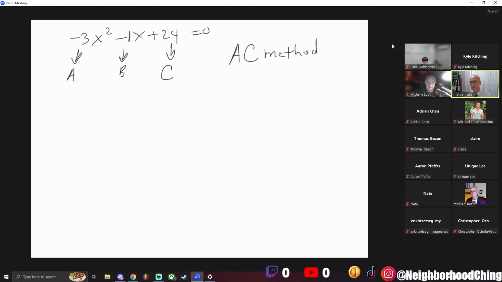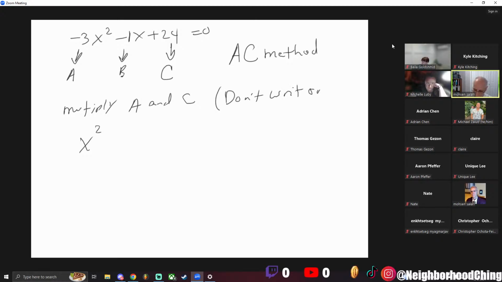Now I'm going to multiply A and C. So x squared, and don't write the original A down. Now my coefficient is 1. Then I have minus x, and -3 times 24 is -72.